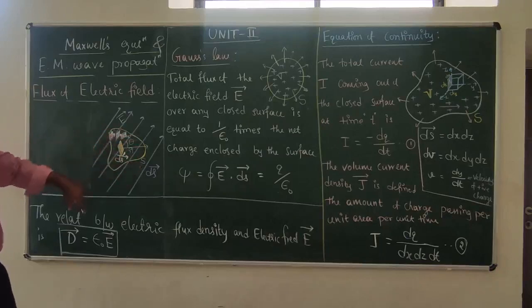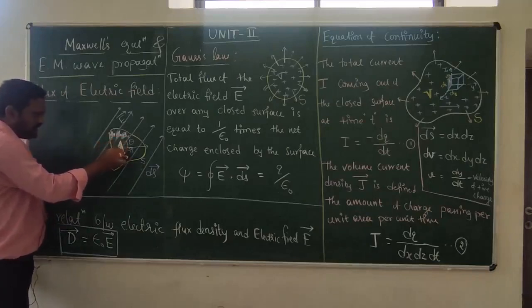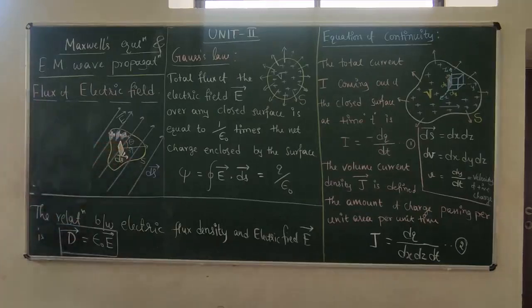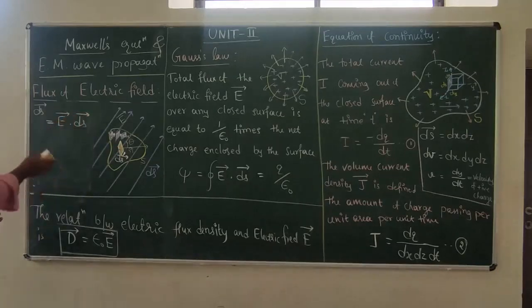In the second method, we consider one reference surface of area ds and calculate the electric flux through this reference area. That is given by electric field E dot ds, which we can write as d psi.